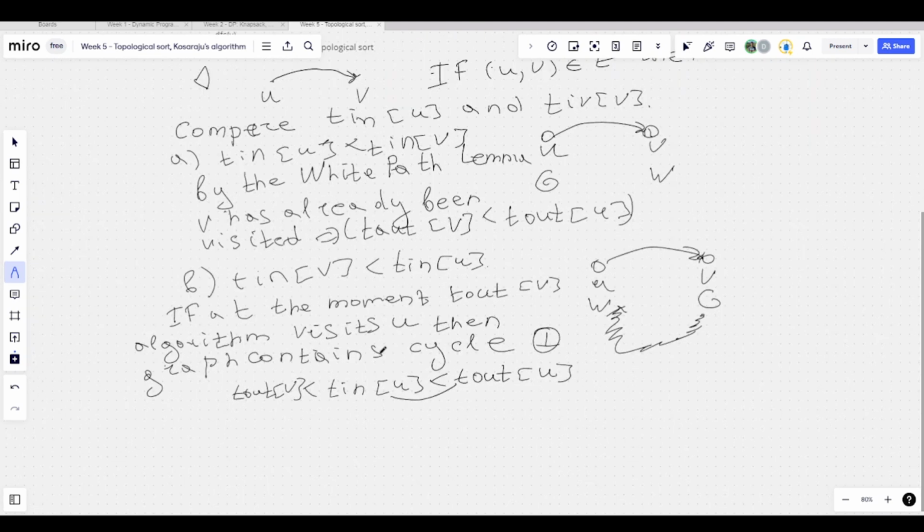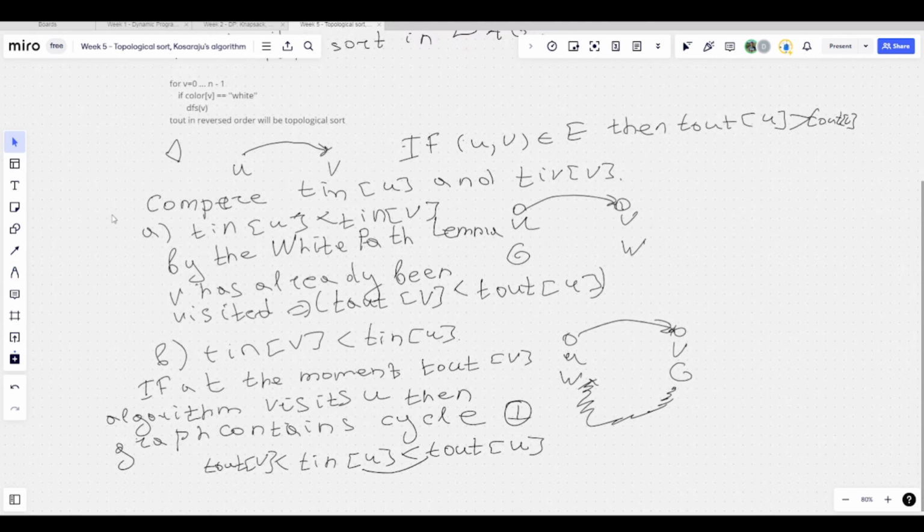To understand this proof with T in and T out, T in is an array with the time when we enter the vertex V, and T out is when we go out from the vertex.